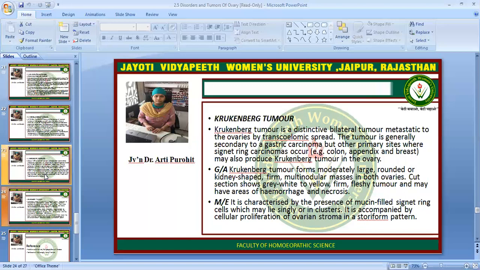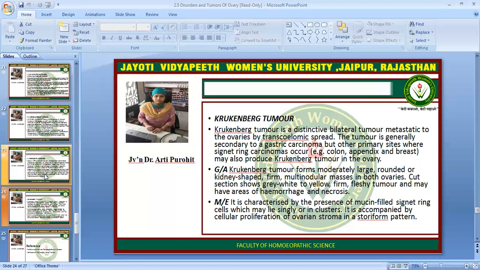This is a distinctive bilateral tumor metastatic to the ovary by transcoelomic spread. The tumor is generally secondary to gastric carcinoma, but other primary sites where signet ring carcinoma occurs, like colon, appendix, and breast, may also produce Krukenberg tumor in the ovary.